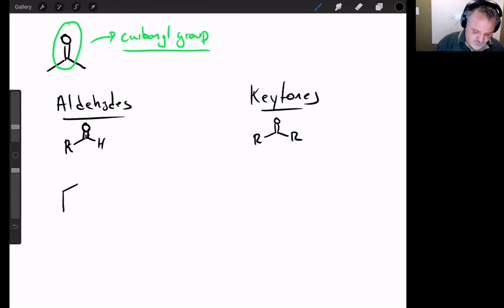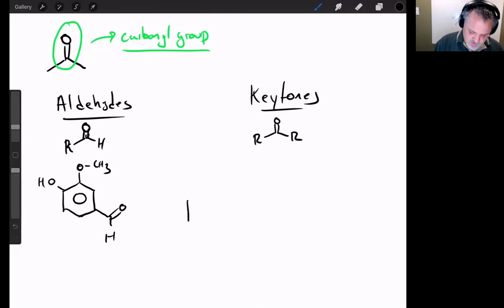Vanillin, and I'm just going to use the examples that are found in the text, vanillin, that's vanilla flavor. And here's something you might like.